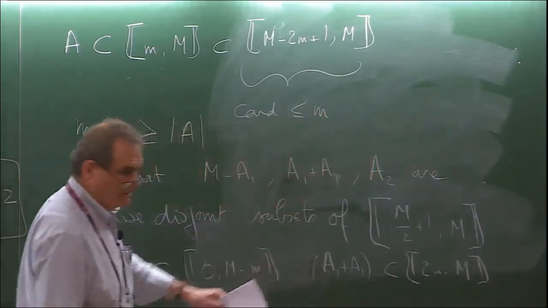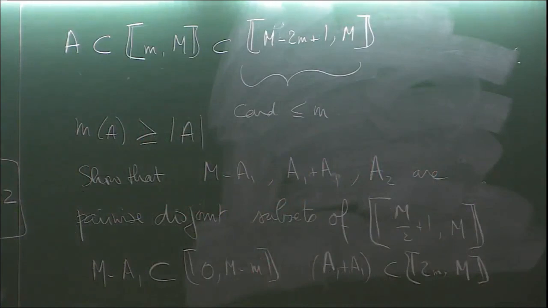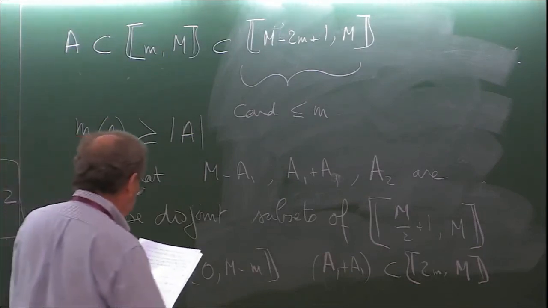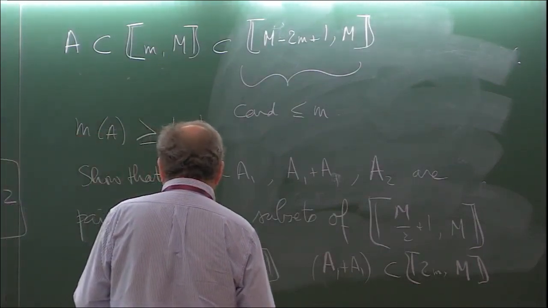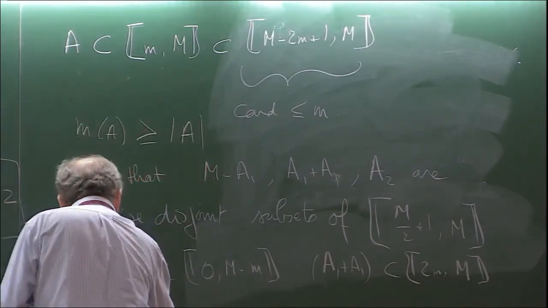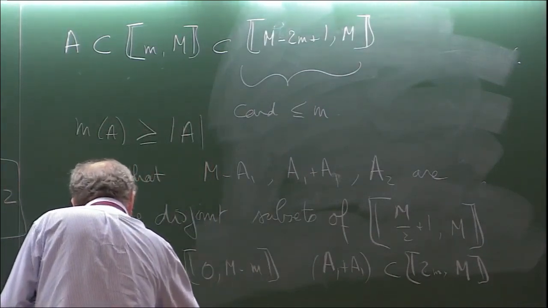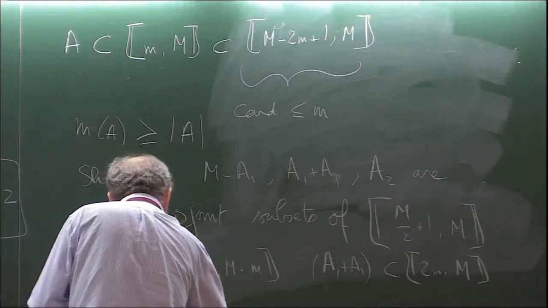All elements, you are just summing elements which are between M, and you know that the sum by definition of A1 is at most M. So this set is here, and M minus M, we know already that M minus M also is at most 2M.